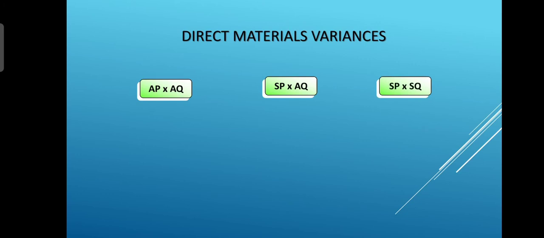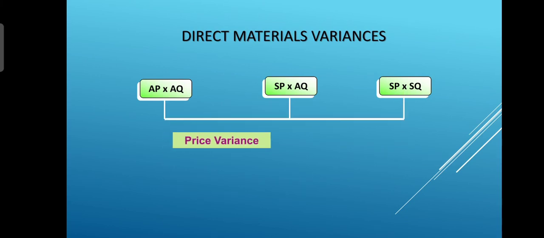Okay, there are 3 points on the left, in the middle, and on your right. AP times AQ, SP times AQ, SP times SQ. AP times AQ minus SP times AQ is price variance.